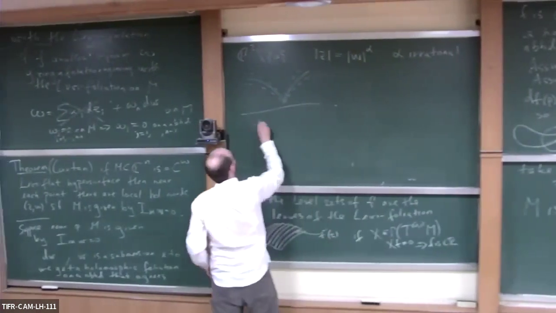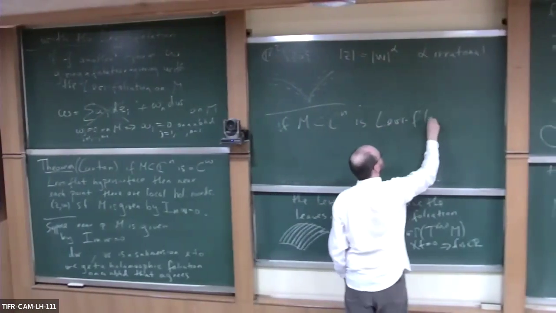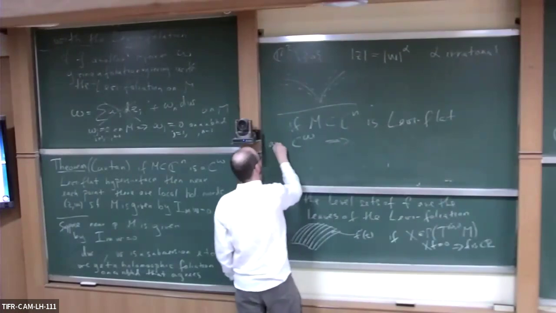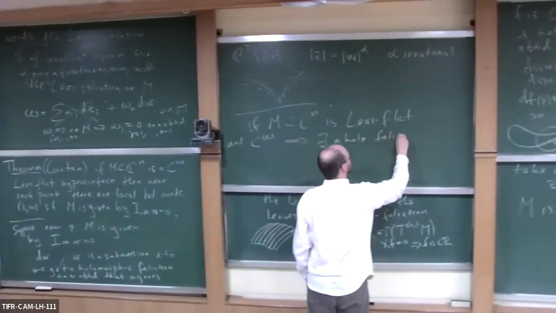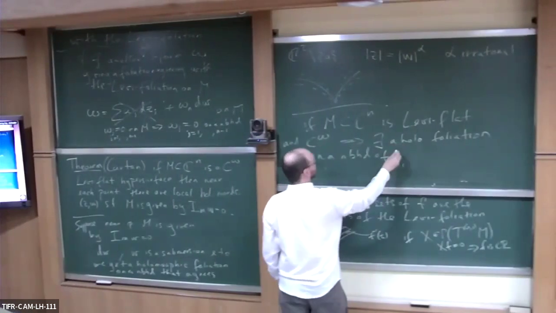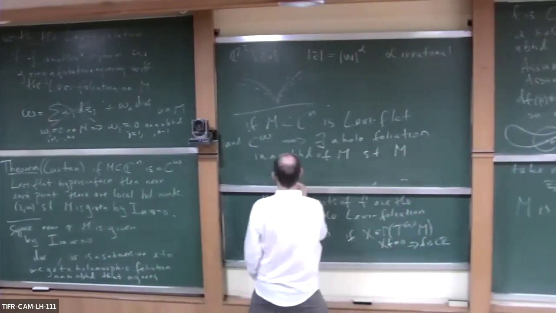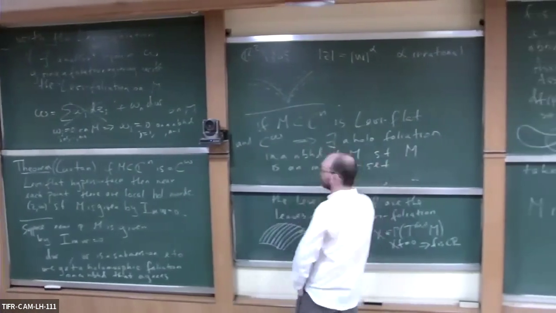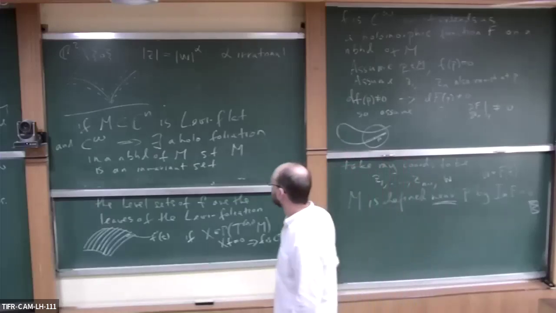If M is globally Levi-flat, C omega, and there exists a holomorphic foliation in a neighborhood such that M is an invariant set, or in other words, the leaves of the Levi foliation are the leaves of this holomorphic foliation.